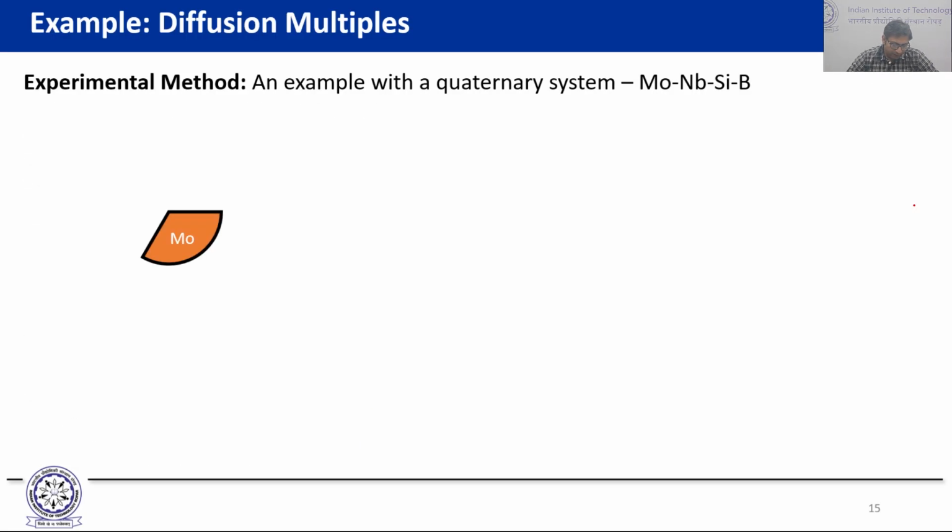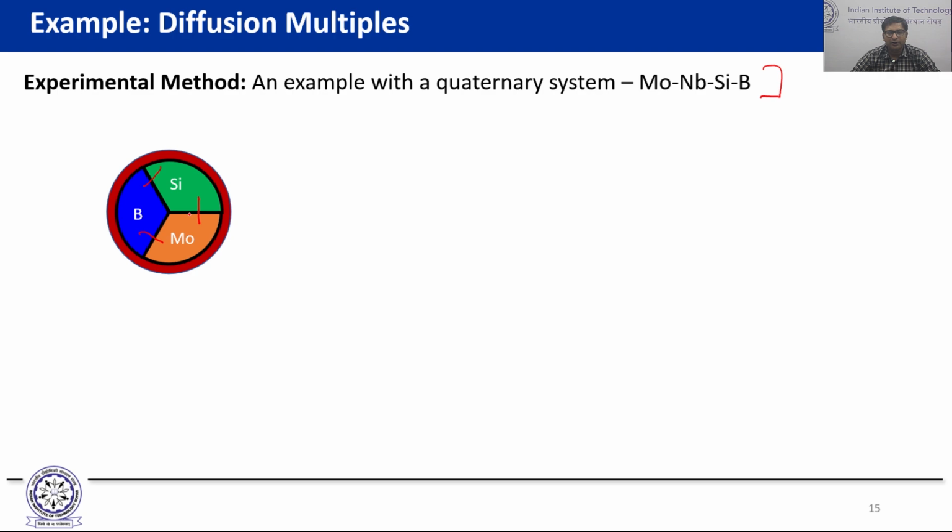So just to give you an idea, supposing we are looking at a quaternary system like moly-niobium silicon boron, the way you would want to design your diffusion multiple is to have chunks of moly, silicon and boron. So now we have created moly-boron interface, silicon-boron interface, moly-silicon interface, and then on top of it you enclose them in a niobium can.